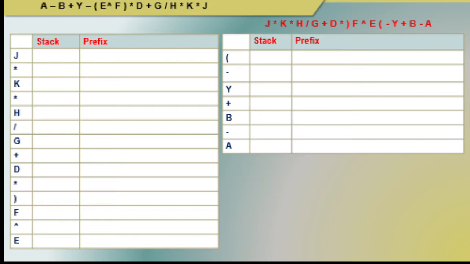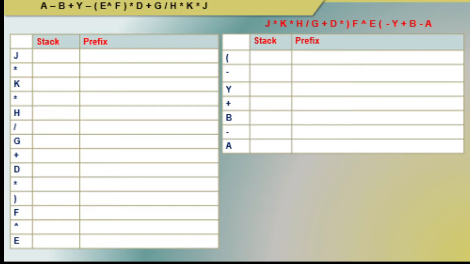And then of course, when you see a close parenthesis, you are going to push it on the stack. It remains in the stack until such time that you see an open parenthesis. And then all the operators inside the close and open parentheses must also be popped out from the stack and written in the output when you remove the close parenthesis from the stack.